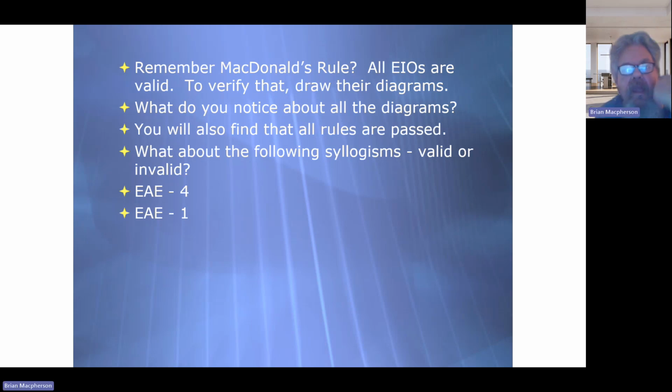Let's look at EAE-1. It's the same mood, but just a different figure. So let's see what this one looks like. EAE-1. So this will be no M's are P's, right?